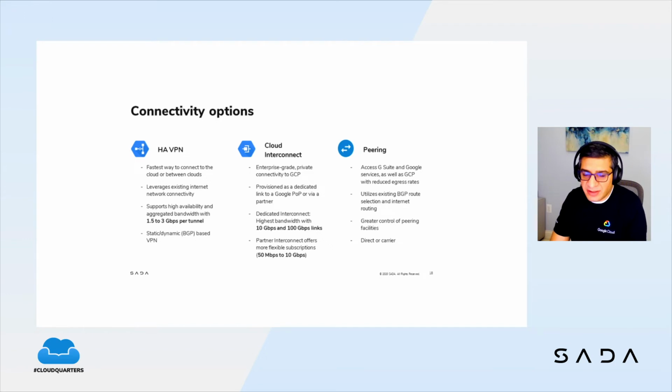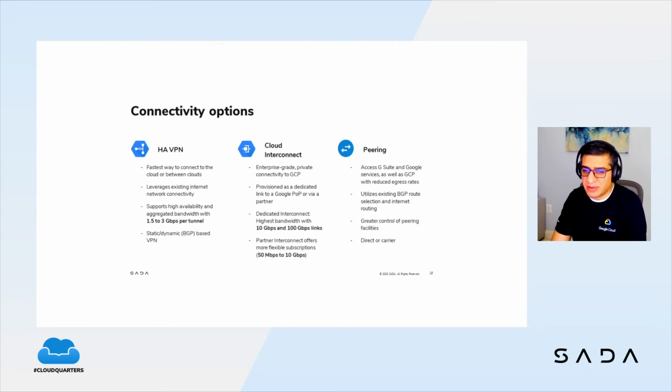We have HA VPN, that is a managed VPN service, typically over the internet. We have Cloud Interconnect that will enable customers to establish dedicated connections to Google Cloud. And we have peering that will enable the customers to have a direct peering between their public network and Google's public network to be able to route that traffic over an optimized connection rather than the internet.